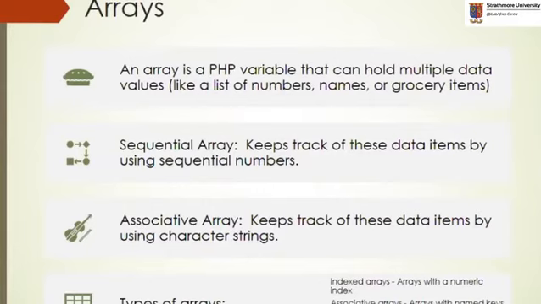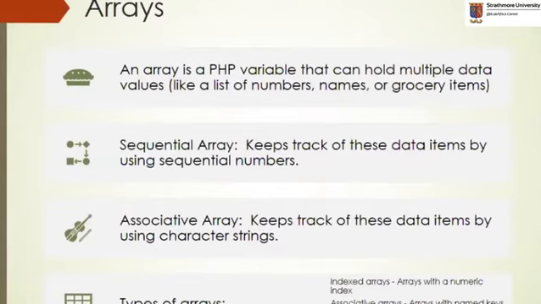And so the types are going to be either what we call indexed. The indexed ones are the same case as what we would call the sequential array, so the array with a numeric index. Then the associative arrays use what we call named keys. I'm going to show you an example.